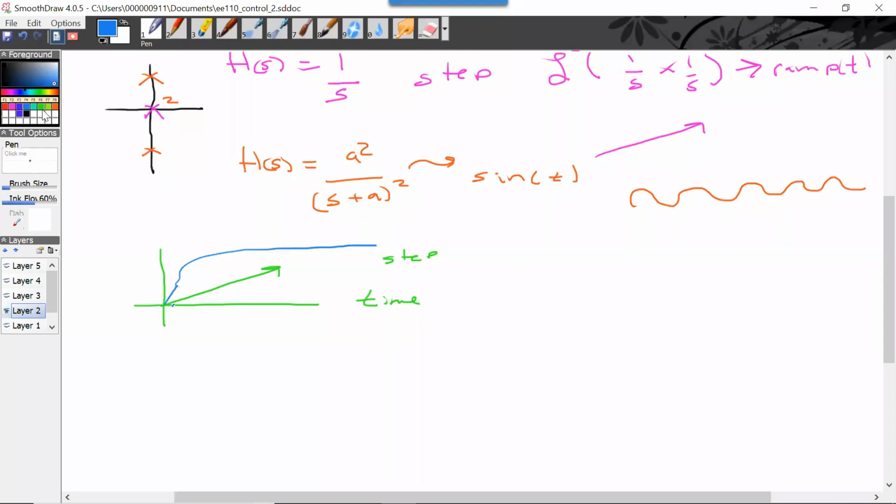If you had a high pass that was underdamped, you could conceivably see something like this. It's oscillating somewhat, but 0 is a DC value, right?